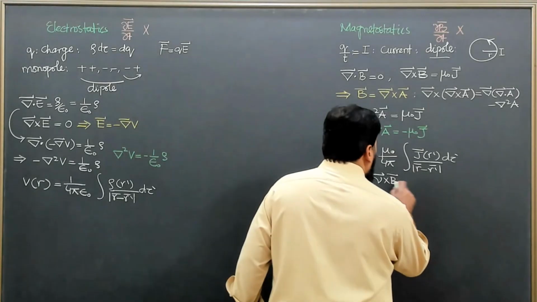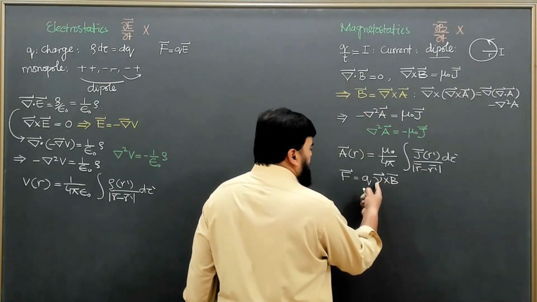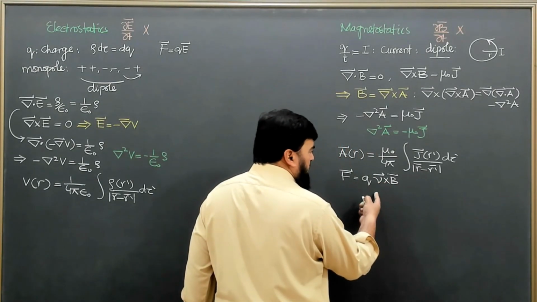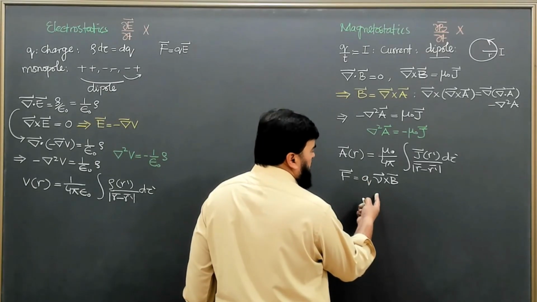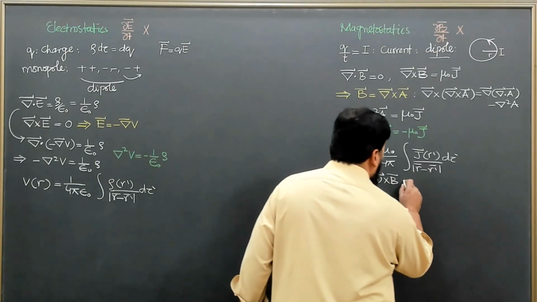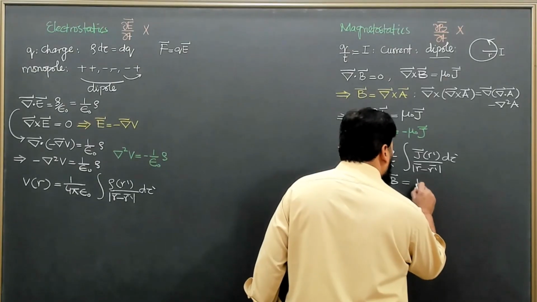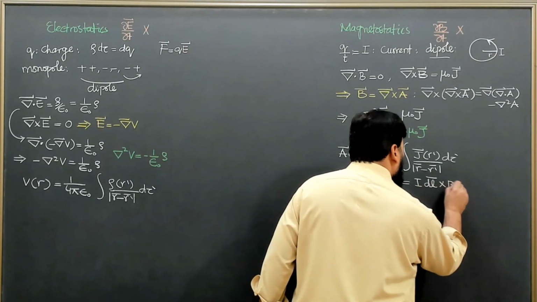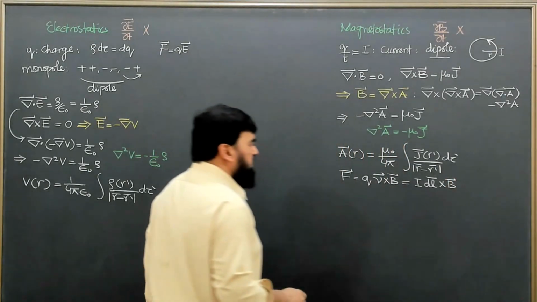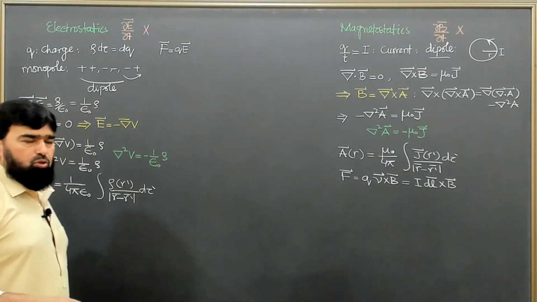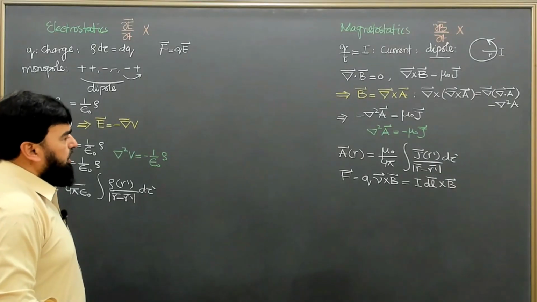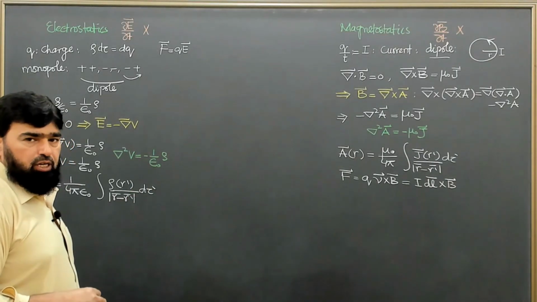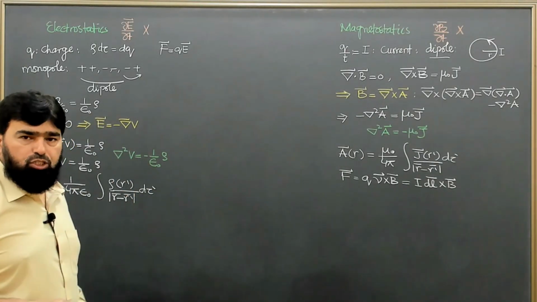And if I write V as distance over time, then Q over time becomes current, and this is equal to I dl cross B. So the force over there is a rotational force, and here is a translational force.